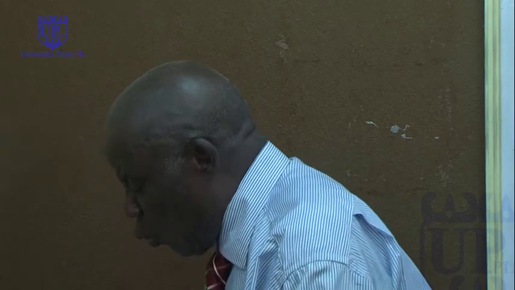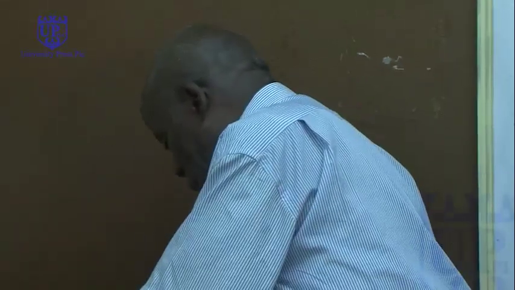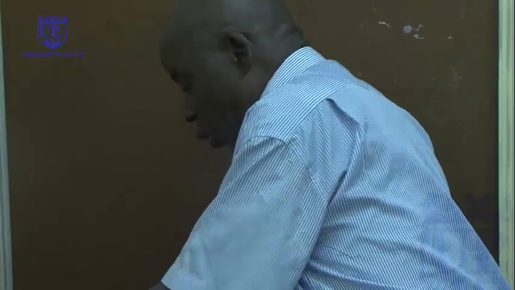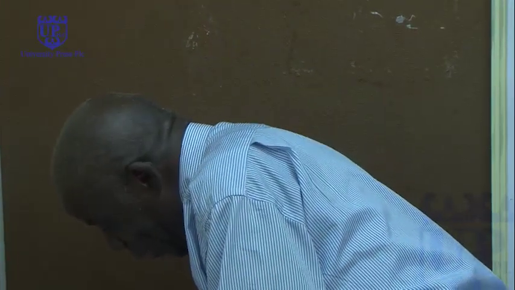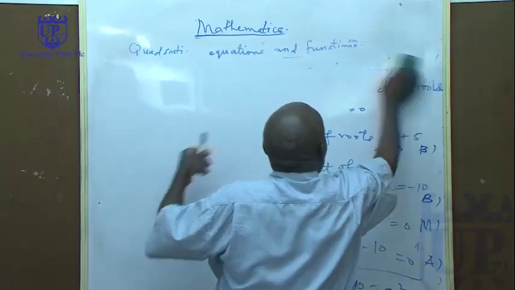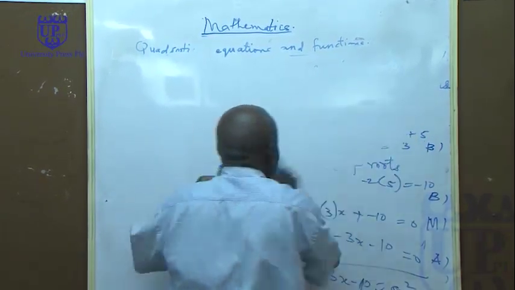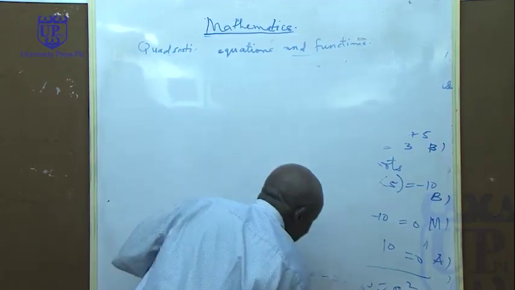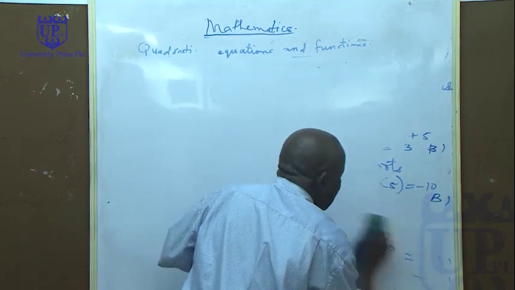I will write it down for you. The question says: the roots of the equation 2x squared plus (p plus 1)x plus q equals 0.